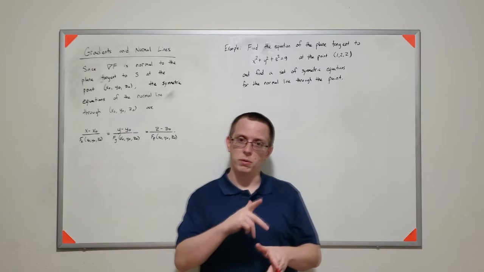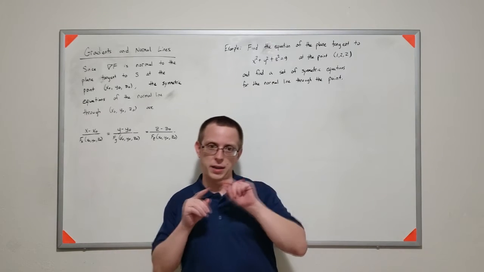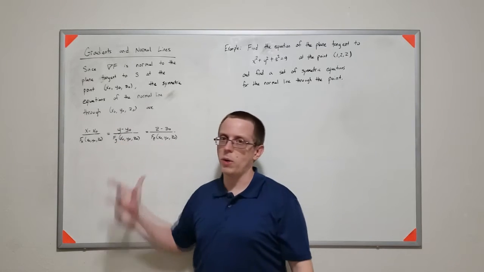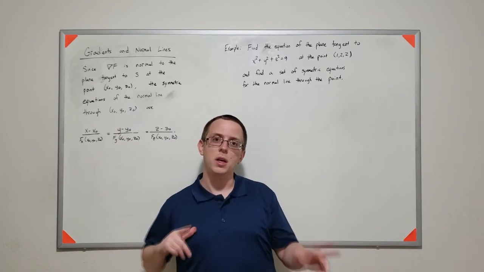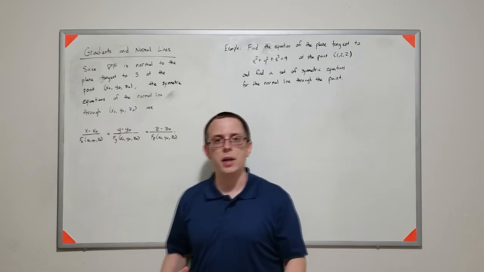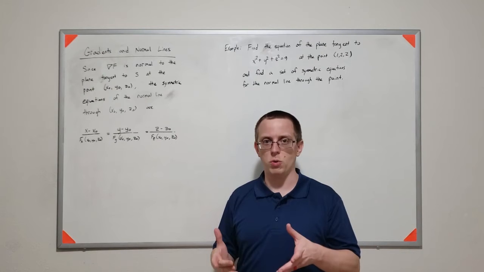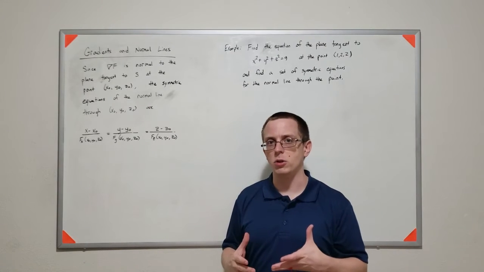So if we had a line in the direction of a vector through a point, you could find symmetric equations. Well, in this particular case, we're in the direction of the normal line, so we can use these partial derivatives to generate those direction numbers and generate symmetric equations.